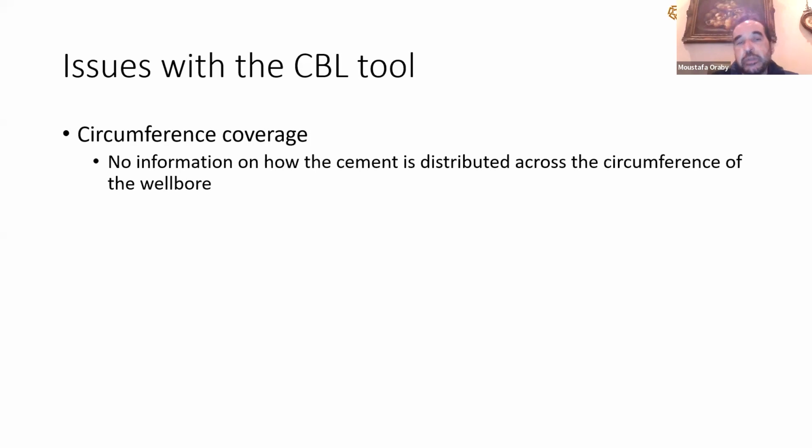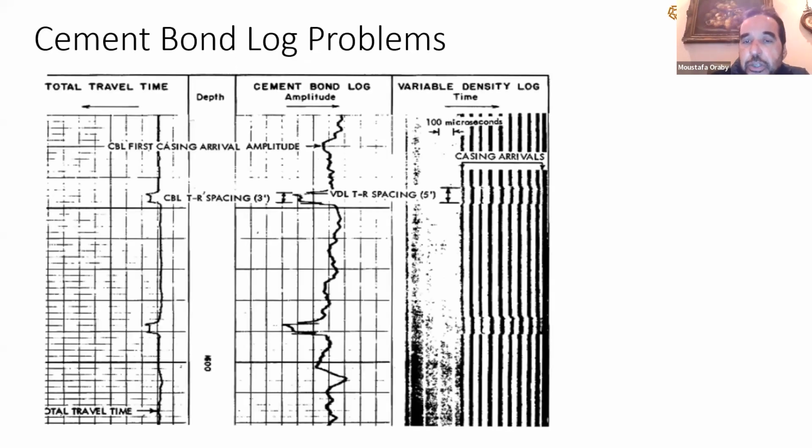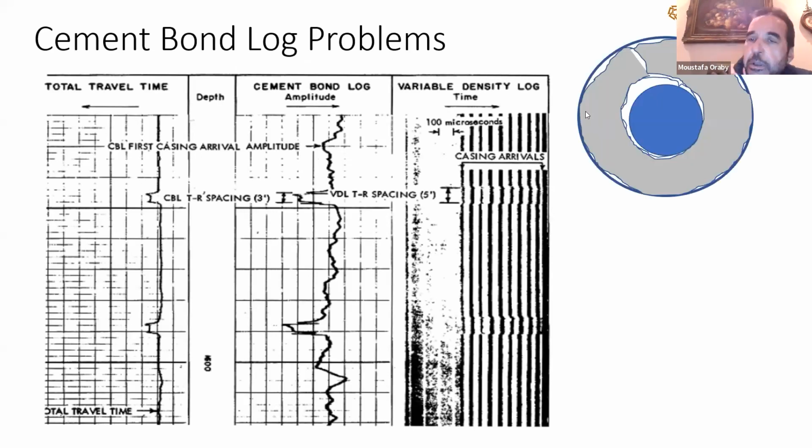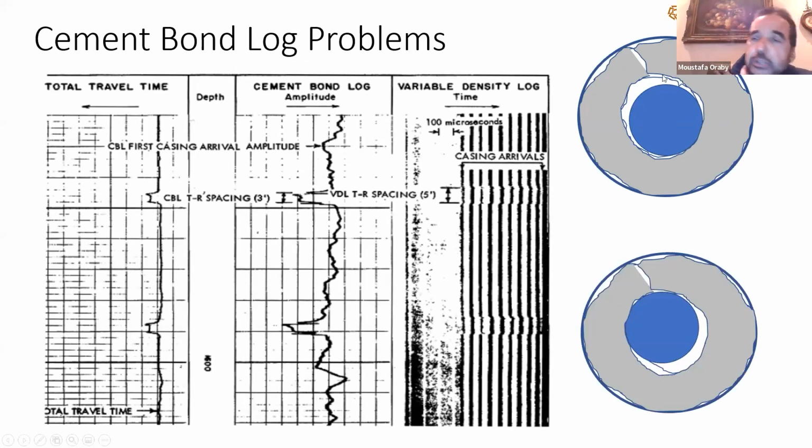Okay, so in this case, yes, it's a bad job, but you and I can only guess. Somebody can say, okay, probably the bonding is bad in that direction of the well bore. Somebody else will disagree and say no, it will not be that way. Nobody can prove that you are wrong, or that you are right.